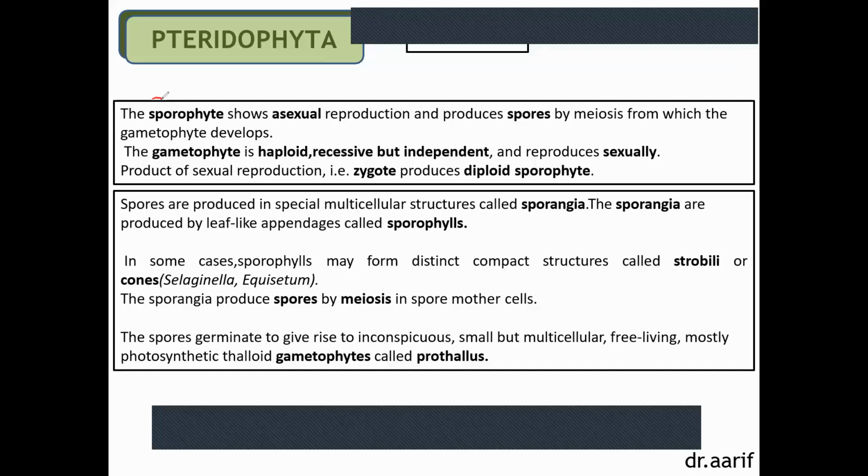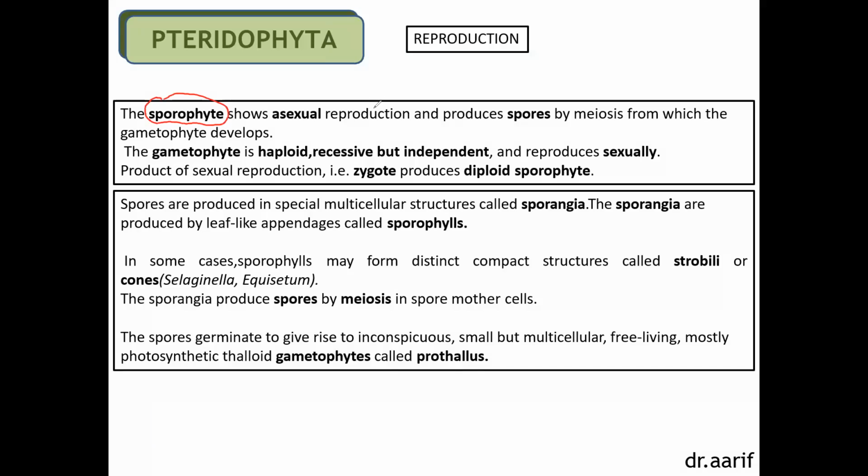The sporophyte shows asexual reproduction, and this is carried out by production of spores by meiosis. आता meiosis नी spores तयार होतात म्हणजे पहिल्यांदा 2n असणार आणि त्यानंतर we observe 1n and 1n. So gametophyte is developed. Spores पासून तयार होणार gametophyte.